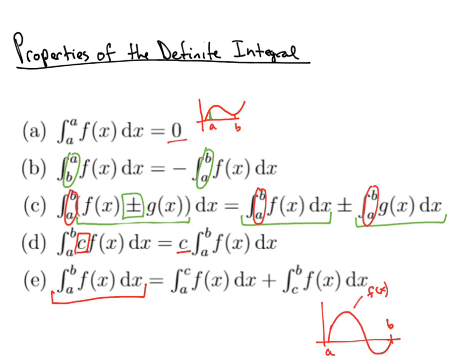Instead of finding the integral over that entire interval at once, what we could do is identify some value c, a value that will help us evaluate that integral, and then we could evaluate each of these integrals separately. So we'd have from a to c, and then from c to b, and we could add those results together.